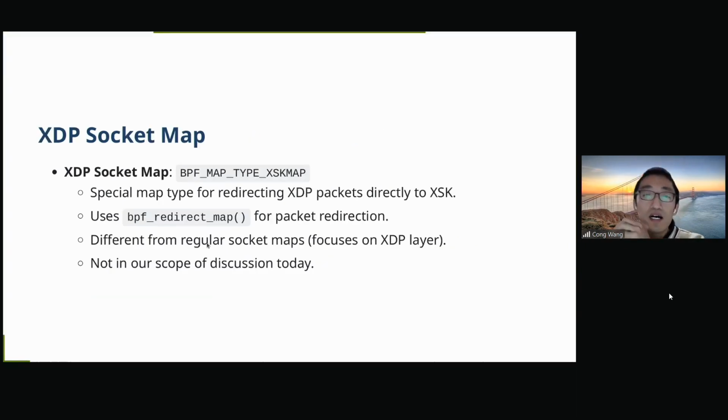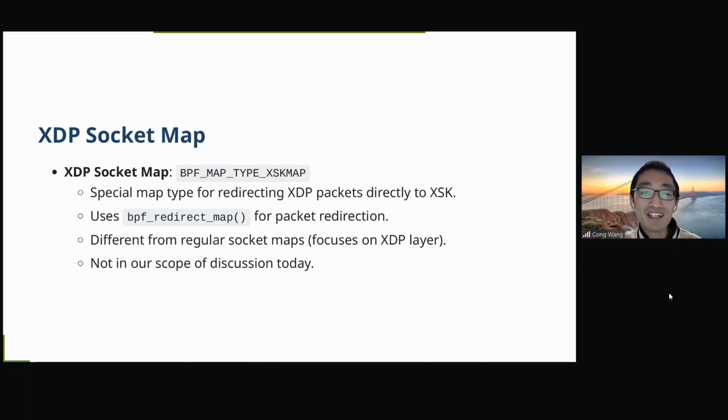And one last thing before we move forward. Actually, I have two messages, because there is another socket map which I'm not going to cover in any more detail, but I just want to mention it here for completeness, which is the XSK socket map. This is yet another very special socket map, but even more special because it's only for the XDP socket.